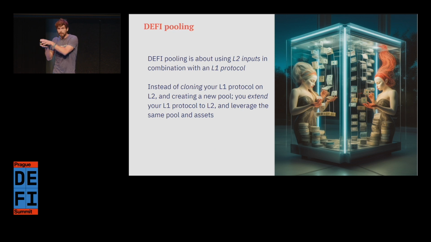And this makes it really hard for the second pool to live because users have no incentive to pool in that pool, even though the other one is much harder to use and much more expensive because it lives on L1. DeFi pooling is really about not cloning your application, but extending it, adding extra functionality on L2 instead of duplicating functionalities. Okay?